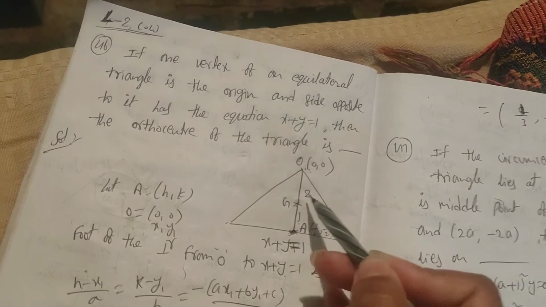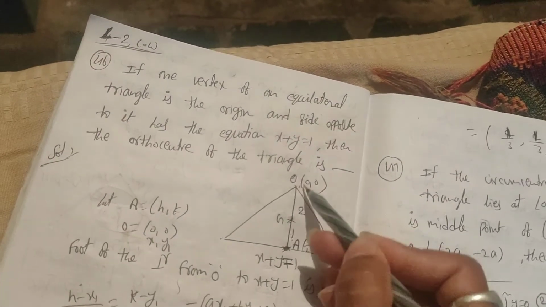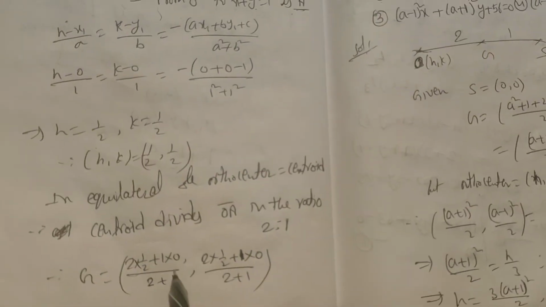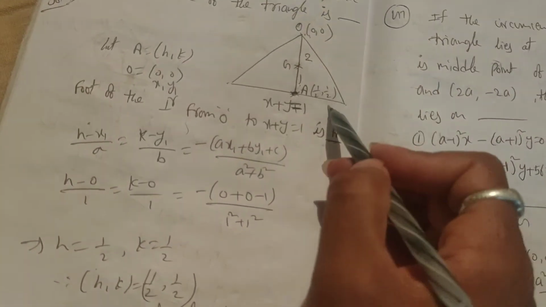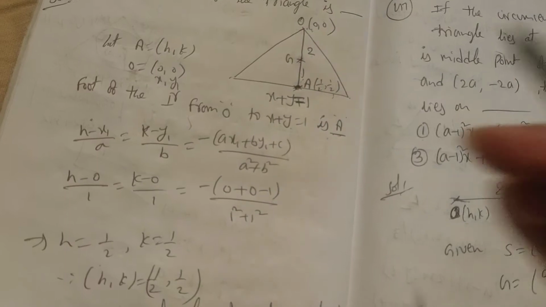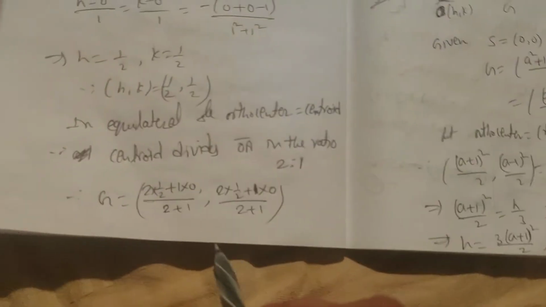This point is 2 into 1/2 plus 1 into 0, by 2 plus 1, comma, 2 into 1/2 plus 1 into 0, by the same 2 plus 1.